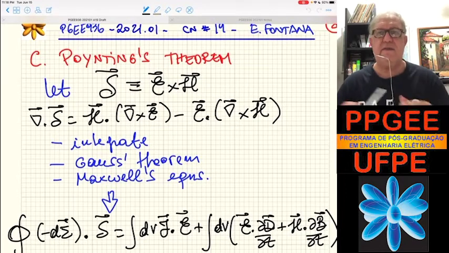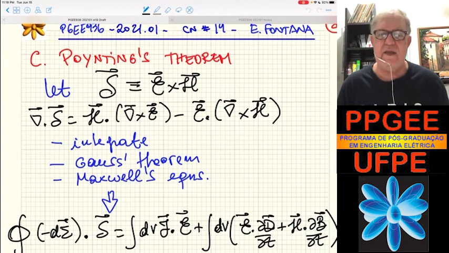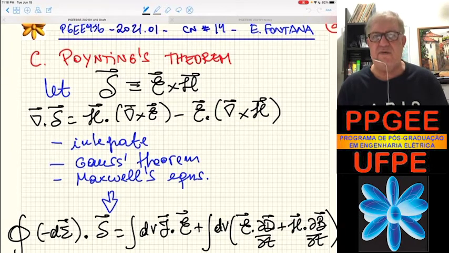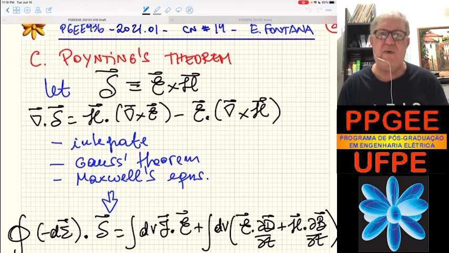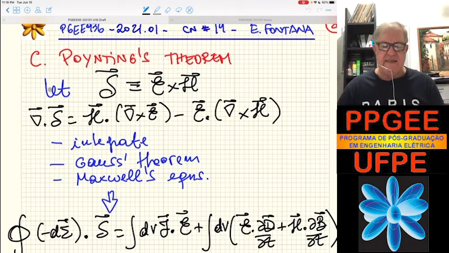Well, there's an important relationship that specifies the energy in an electromagnetic system, and the connection of time rate of change of energy and power flow in an electromagnetic system, which is called the Poynting's theorem. Let's define this vector, this S cursive here, the rounded S, equal to the cross product between E and H. Why is that?